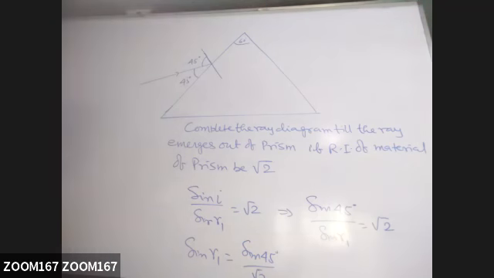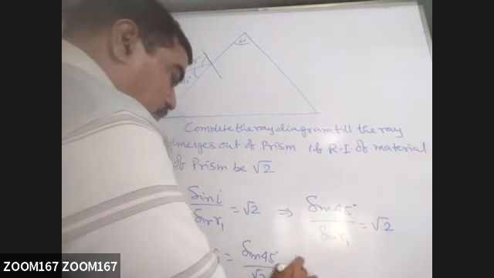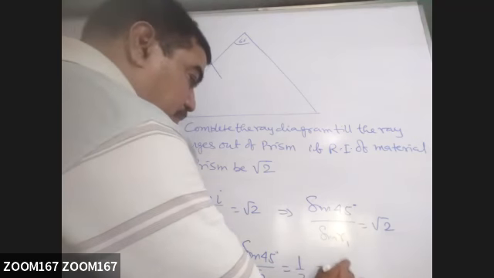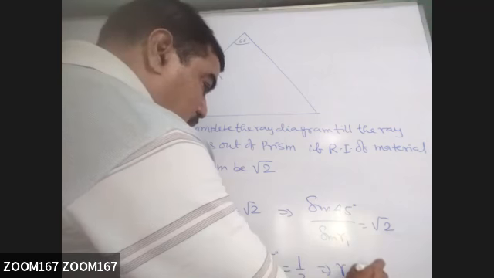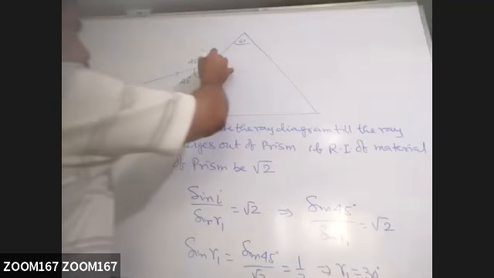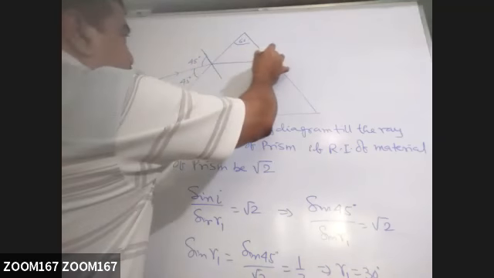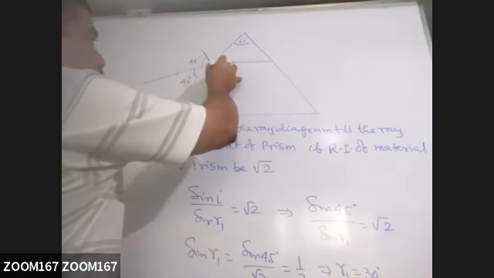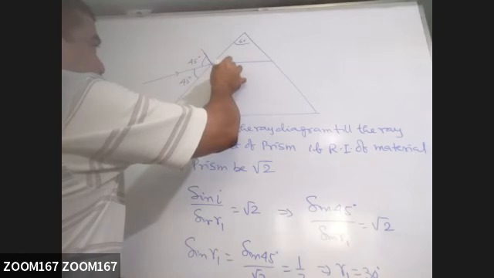Sin 45 is 1 by root 2, so it is half. That means we got r1 equal to 30 degrees. So this r1 we got is 30 degrees.